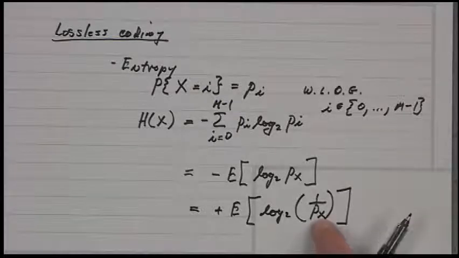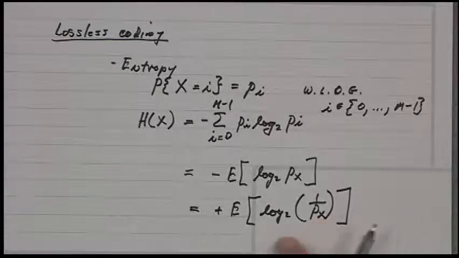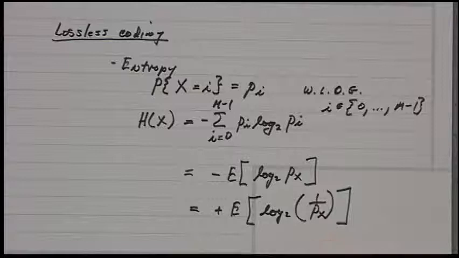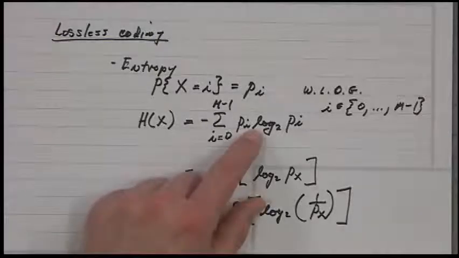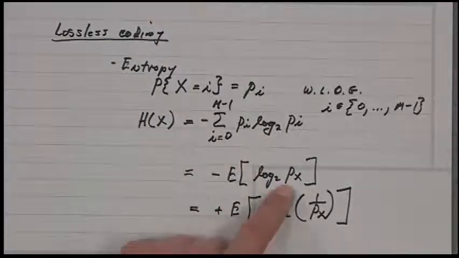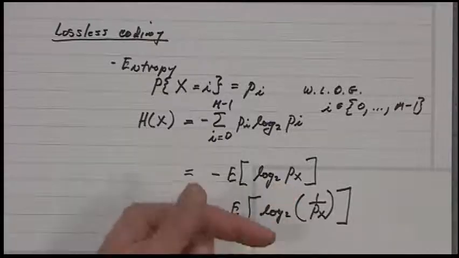So if the probability is small, then the log is large, and you're looking at the expectation of that. So if, say, x only takes on one value, then it takes on that value with probability 1, and the log of 1 is 0, so the entropy is 0.